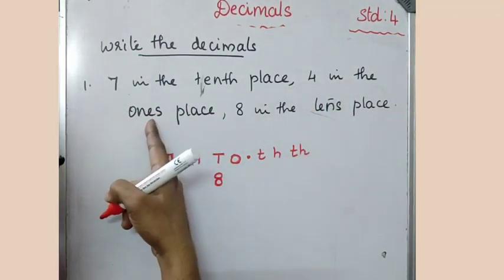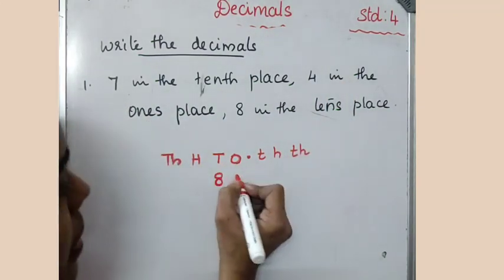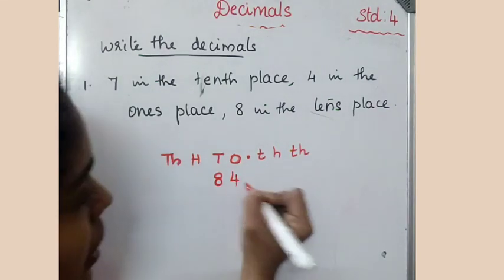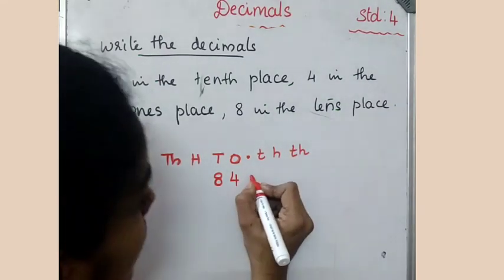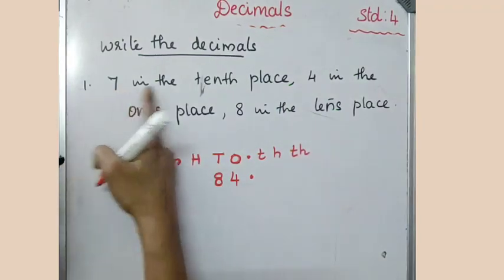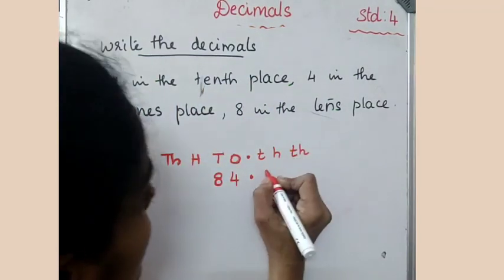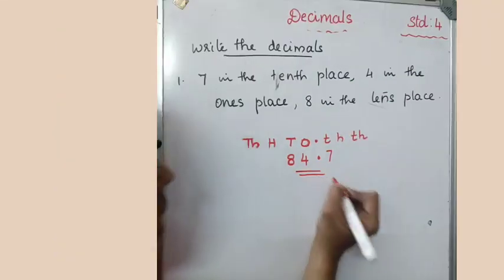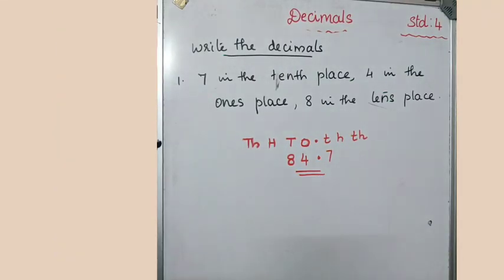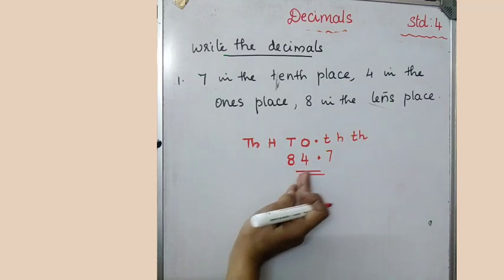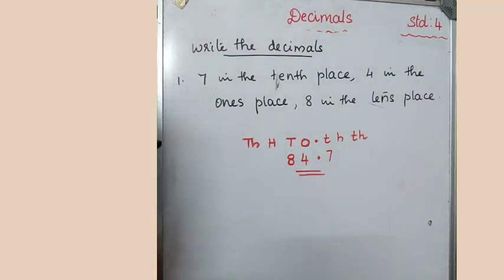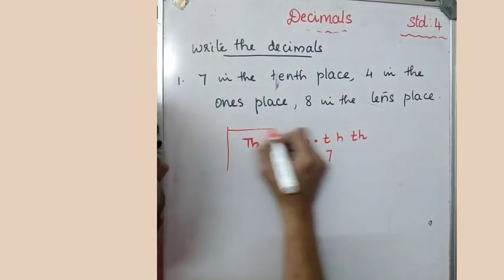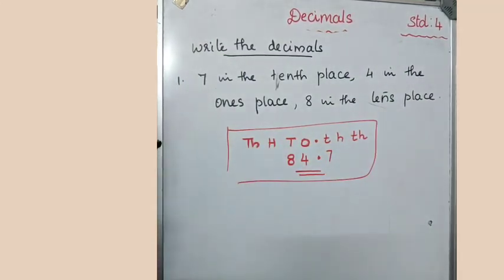Then 4 in the ones place. Then decimal point, 7 in the tenths place. So the answer is 84.7. You can write this in the working column or anywhere else, or draw the chart here and write like this.